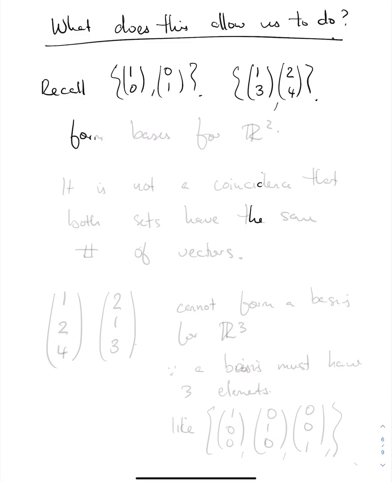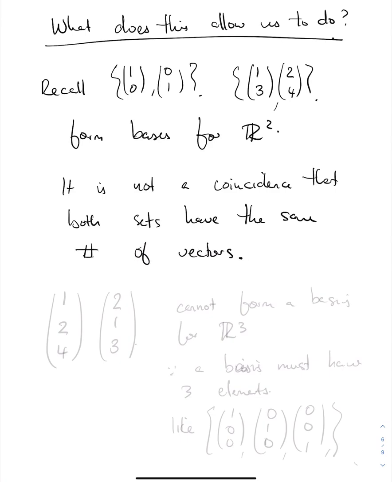So these form bases for R2, as you know. What Theorem 24 Part 2 allows us to do is to understand that it is not a coincidence that both sets have the same number of vectors. Bases have to have the same number of vectors, no matter what vectors make them up.